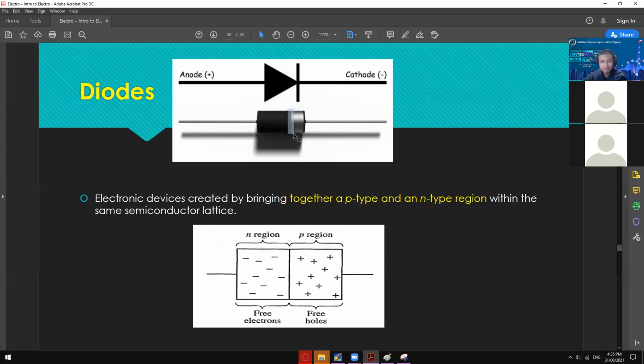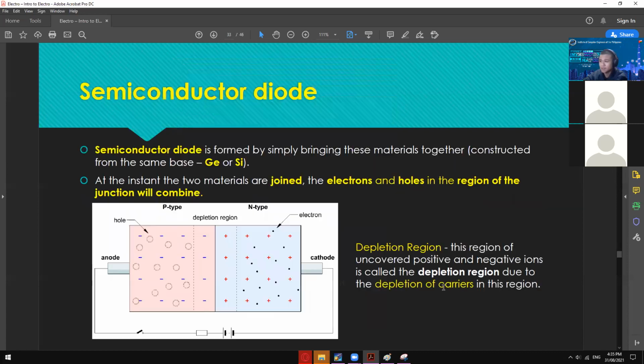We call this one the depletion region. So all in all, we have three regions in a diode. We have the P region, the N region, and then the depletion region. So later on, we'll discuss more what is the depletion region. But when I say N region, this one contains the electrons, and then P region, this one contains the holes, or the proton.